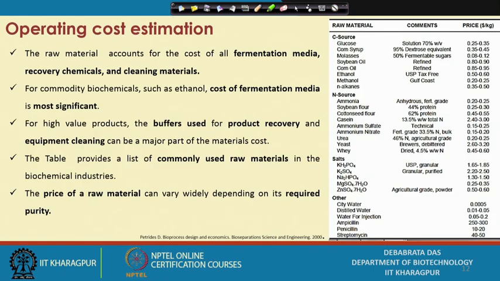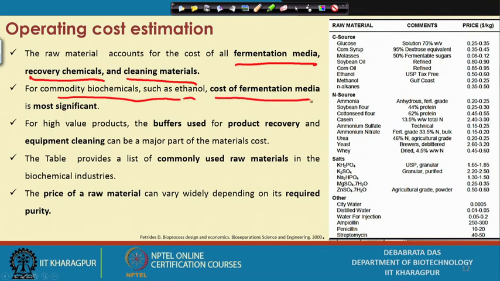Now, for the operating cost, the raw materials account for the cost of all fermentation media. This is important. This is the fermentation media, recovery chemicals and cleaning media. For commodity biochemicals like ethanol, the cost of the fermentation media is more significant. For high value products, the buffer used for product recovery and equipment cleaning can be the major part of the material cost.